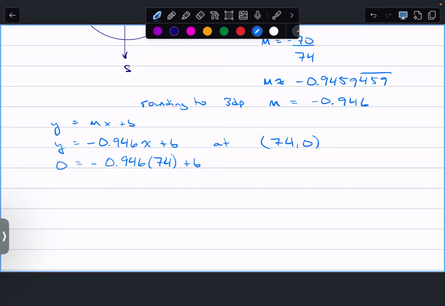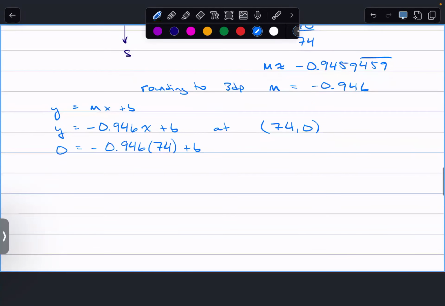We're about to find out how big of a difference rounding the slope is going to make. 74 times negative 0.946. Not bad. I get 0 is negative 70.004 plus b. Right.